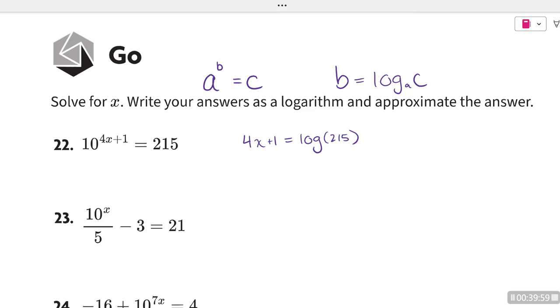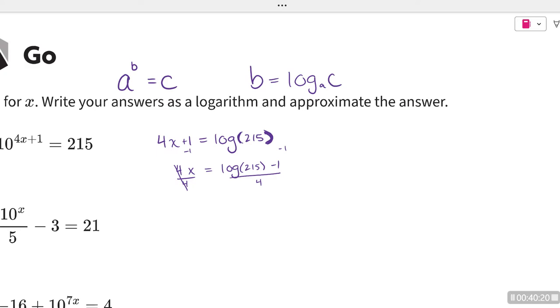We're going to subtract the 1 from both sides. Remember, I cannot subtract into the logarithm. This is closed off, so that just gives me 4x equals log of 215 minus 1. And my last step is to divide everything by 4. So I could leave it like that.